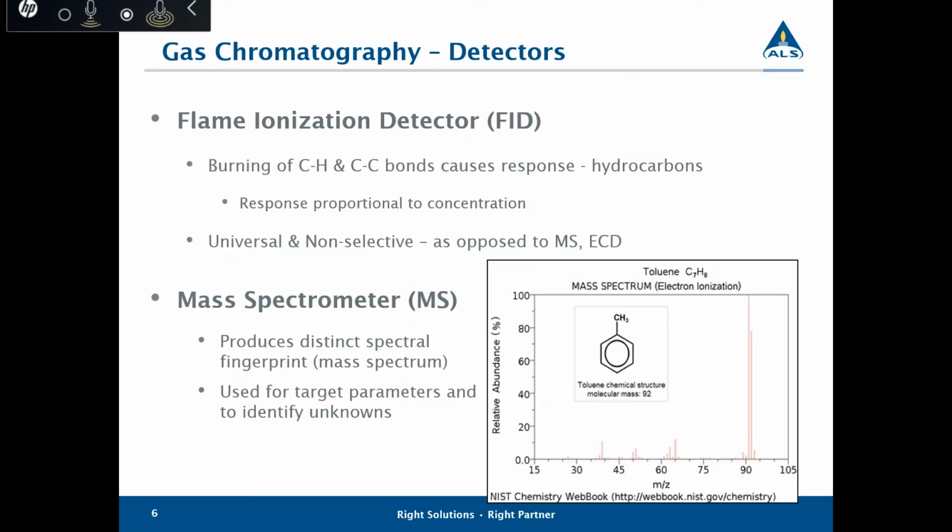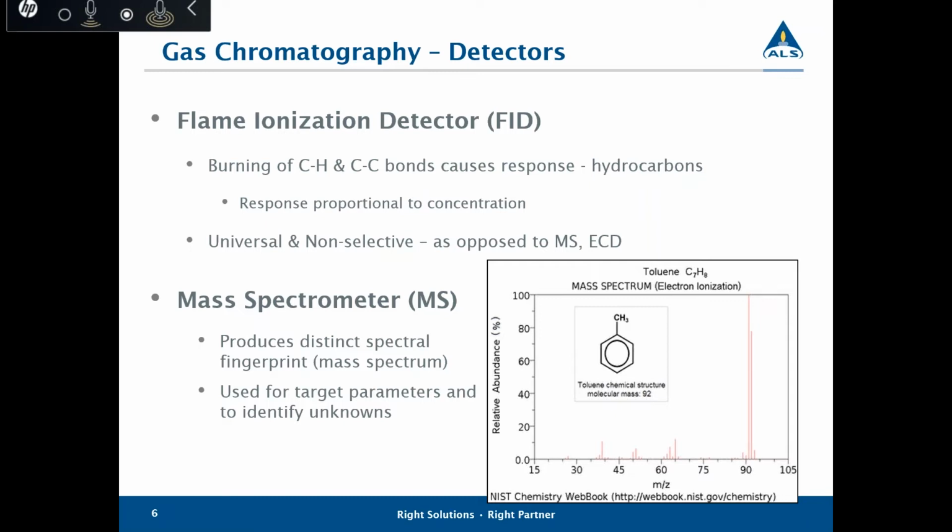For gas chromatographs, the most popular detectors are flame ionization detectors, which we call FID. They are used for aggregate parameters, as the detector uses a flame to burn hydrocarbon and carbon bonds, which causes the response.